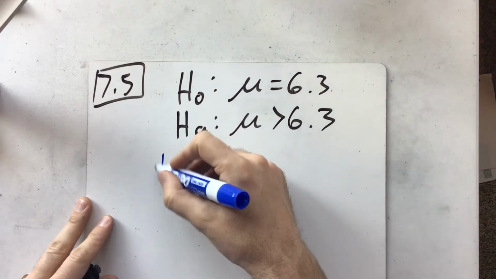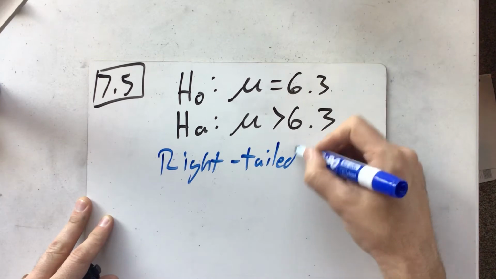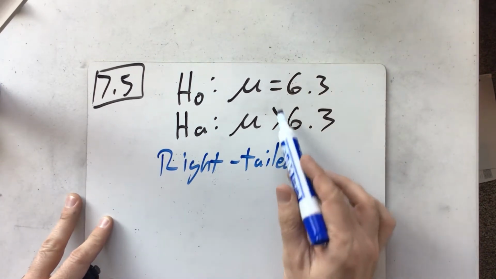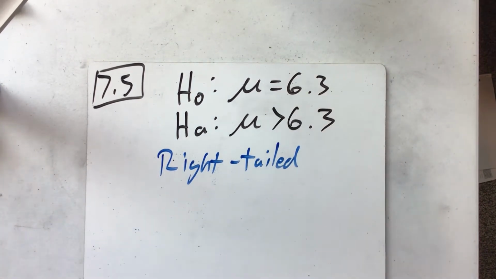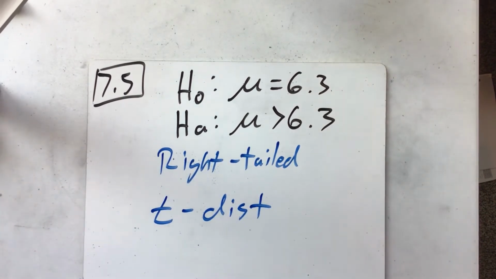All right, so we're already now able to observe a few things. First, you'll notice that this is a right-tailed test. It's right-tailed because we're using the greater than sign right here. And the next thing we know is that we're going to need to use a t-distribution for this test. Why? Well, notice we only have 7 flies, so that's definitely a small sample.